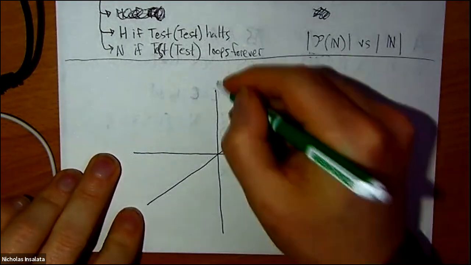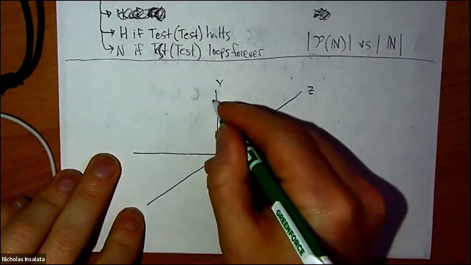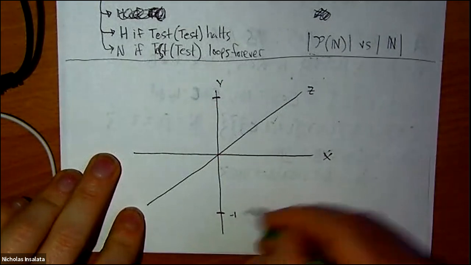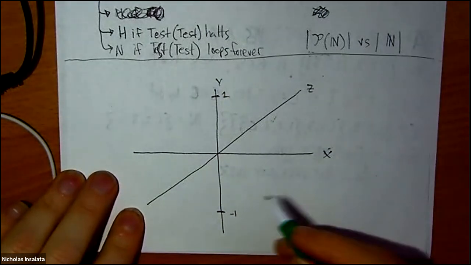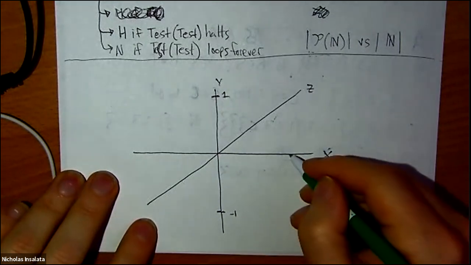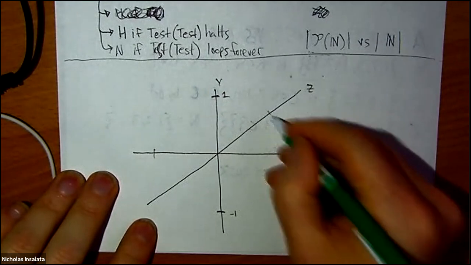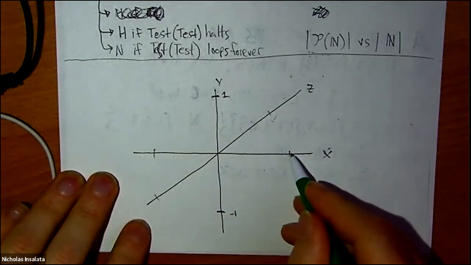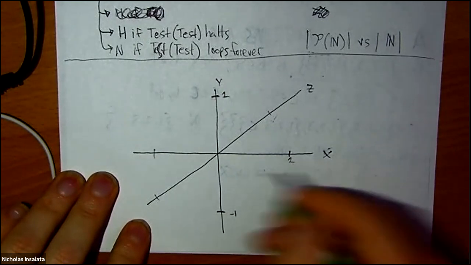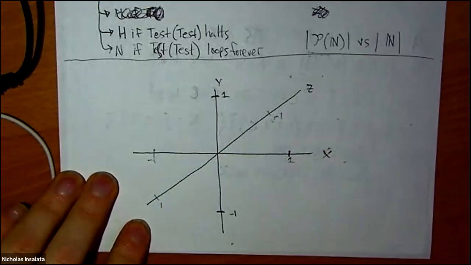Here's the X, Y, and Z axis. Here's the intersection points, -1 and 1, right? And I want a square that goes out to 1 and -1 on both the X and the Z axes. So what's that going to look like? Well, here's 1, -1, 1, and -1 here.